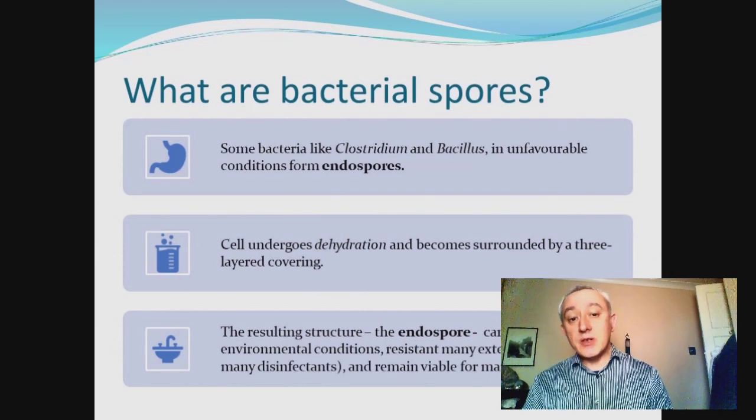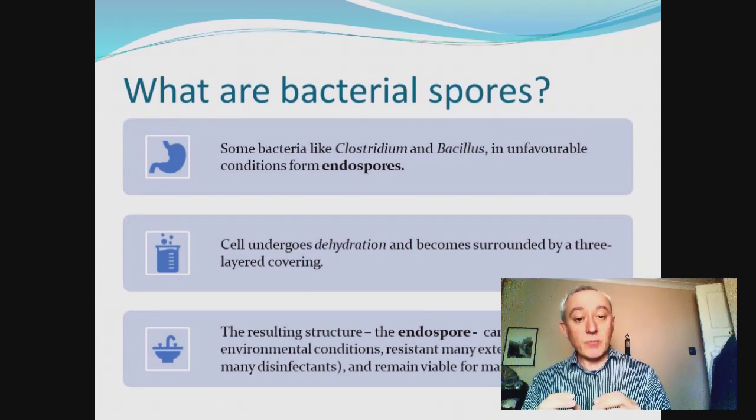Now, these organisms under unfavourable conditions can engage in a survival tactic. So essentially they're producing a copy of their cytoplasm and their genetic material, and they're encasing that in a three-layered structure and expelling that. And in essence that's a complete copy of the original vegetative cell, so it's kind of very similar to a clone.